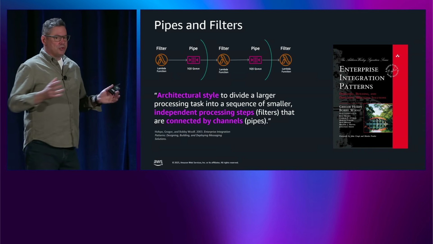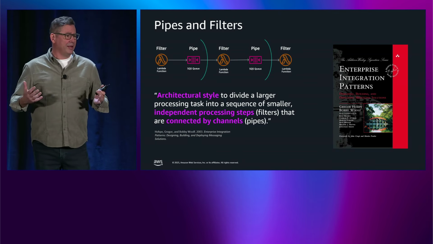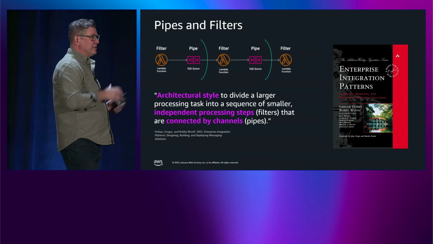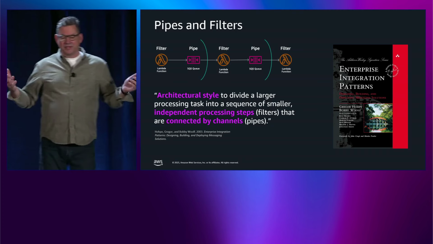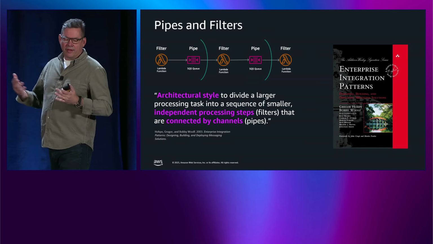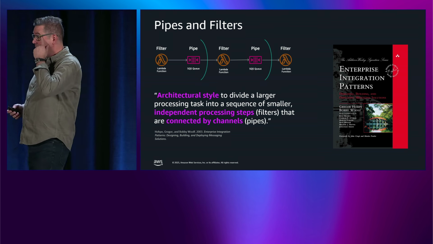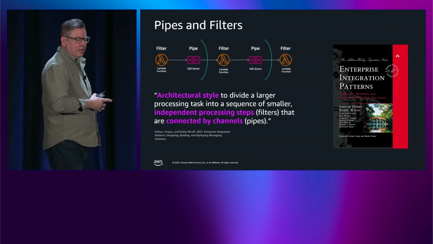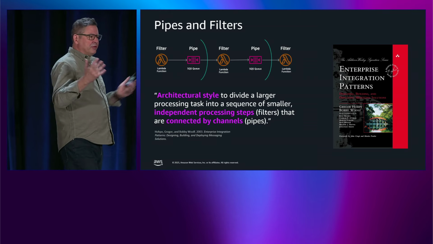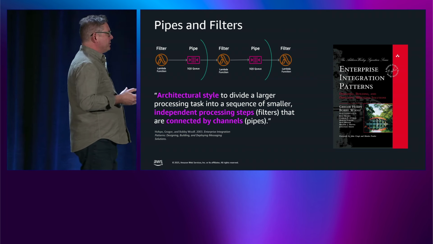Now, what I just showed you, the names kind of give it away, but effectively the EventBridge Pipes implementation is a representation of the pipes and filters pattern that was popularized by Gregor Hohpe in his Enterprise Integration Patterns book. And this is basically just an architectural style that allows you to divide a bigger problem into smaller independent steps.